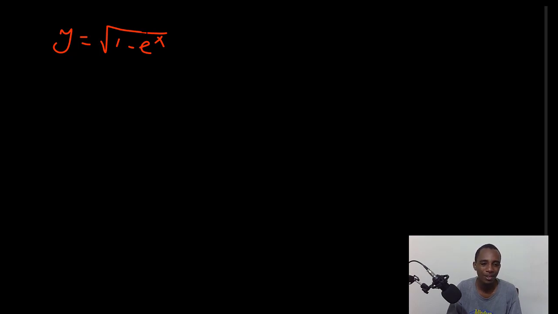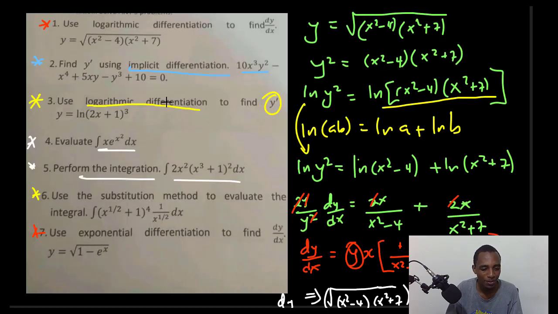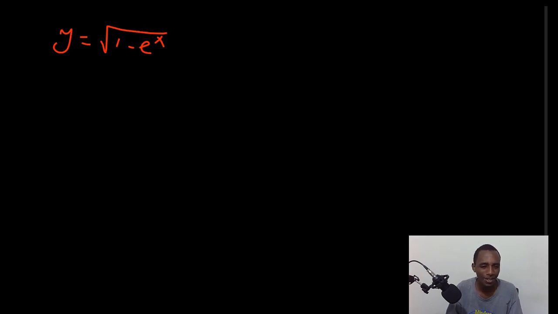There are still lots of ways to do this. Why don't we try the chain rule here? Oh, by the way, the question has specific instructions: we have to use exponential differentiation. I'm not really sure what exponential differentiation is, so I'll just do it any way I like.